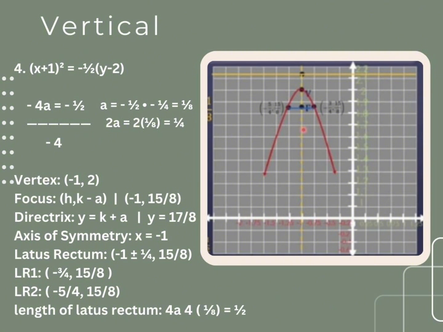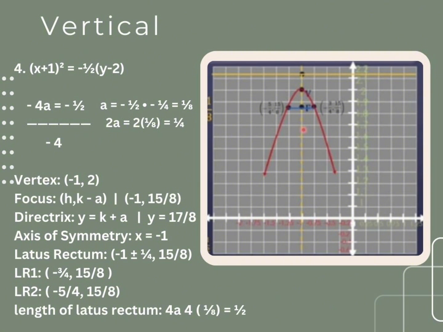From the equation, the vertex (h, k) = (-1, 2). So our h goes from positive to negative, and our k from negative to positive. Our focus (h, k + a) = (-1, 15/8).